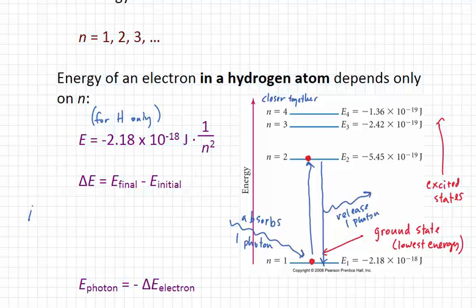That would give us delta E equals that same constant, minus 2.18 times 10 to the minus 18 joules, times 1 over n squared final minus 1 over n squared initial.